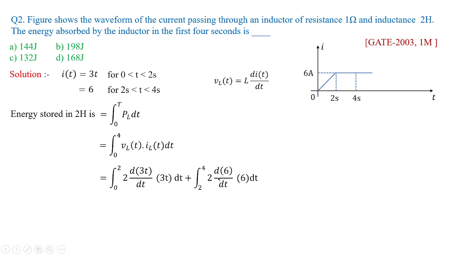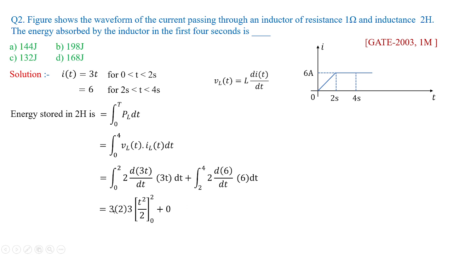Plus, the derivative of a constant is 0, so this entire integral will be 0. Let me write this once again. So you have 3 taken outside, 2 taken outside, and 3 again taken outside, and you have t square by 2 as the integration of t dt, with upper limit 2 and lower limit 0, plus this value as 0 as it is.